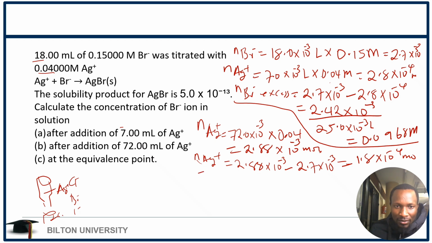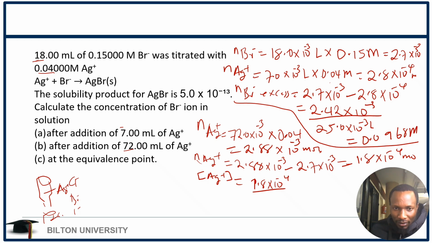From there we can calculate the concentration of silver ions, which will be the excess moles, 1.8 times 10 to the power minus 4, divided by the total volume. The total volume now is the 72 that we have added plus the 18 that was there initially, which gives us a total volume of 90 mL in the solution.